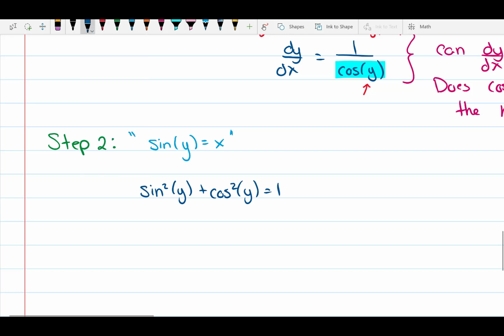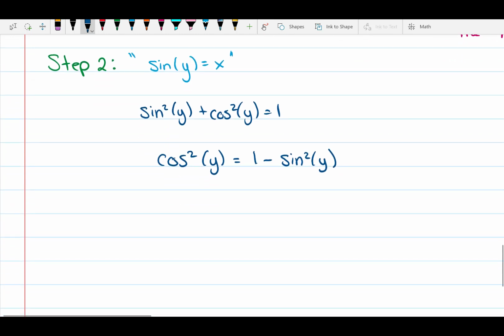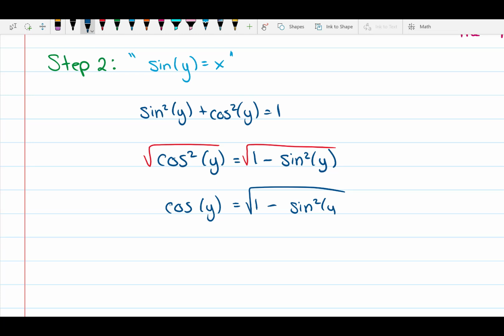So I'm going to subtract over the sine squared, and you get 1 minus sine squared y. And then to get rid of the square, I take the square root of both sides. So we get cosine of y is equal to the square root of 1 minus sine squared of y.